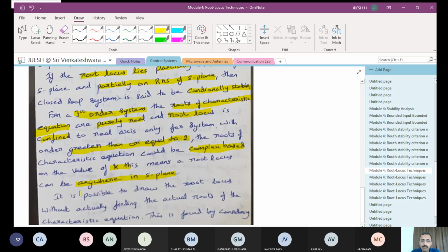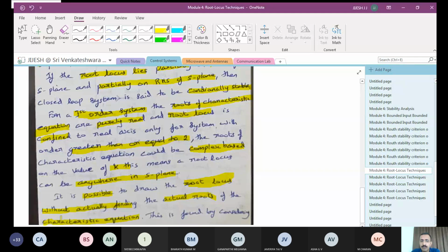It is also possible for you to draw the root locus without actually finding the roots of the characteristic equation. If you are very much expert in these things, it's possible to find the root locus without finding the roots of the characteristic equation.